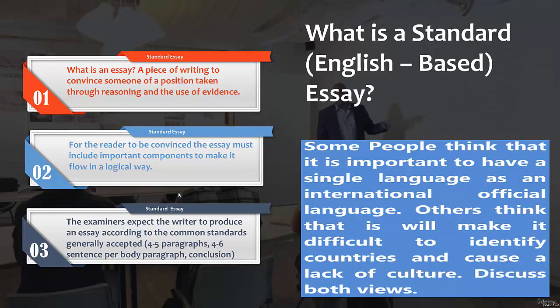In order for the reader to be convinced, you have to follow a certain logical pattern. There's certain components that you must include when writing a standard English-based essay. Now, of course, I'm going to tell you what those components are, and I'm going to give you examples of each of those components. The examiner wants you to write a 4 to 5 paragraph essay.